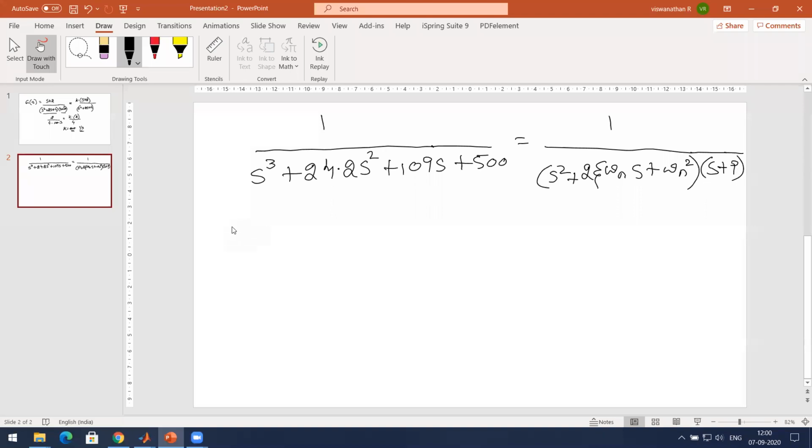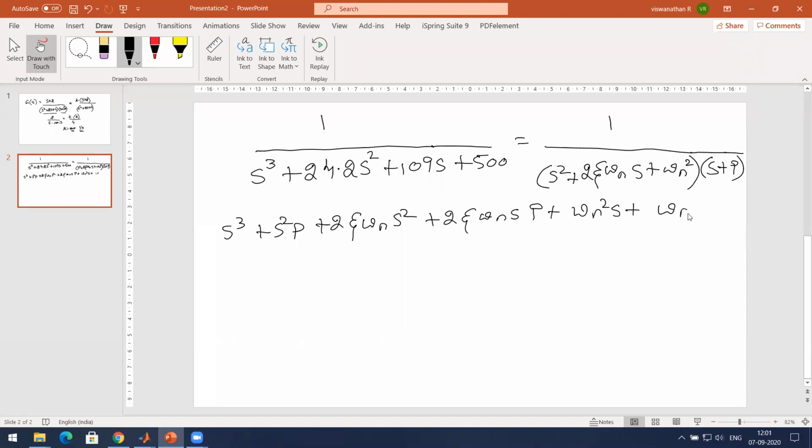So I'll get s cube plus s square p plus 2 zeta omega n s square plus 2 zeta omega n s p plus omega n square s plus omega n square p. Now equate these terms.